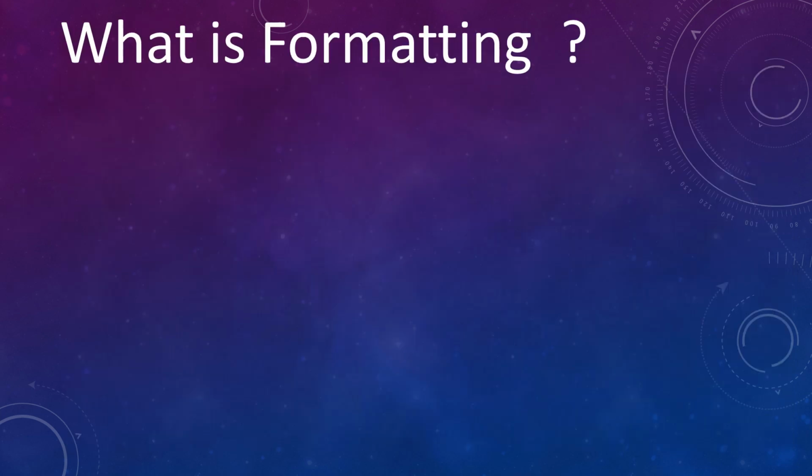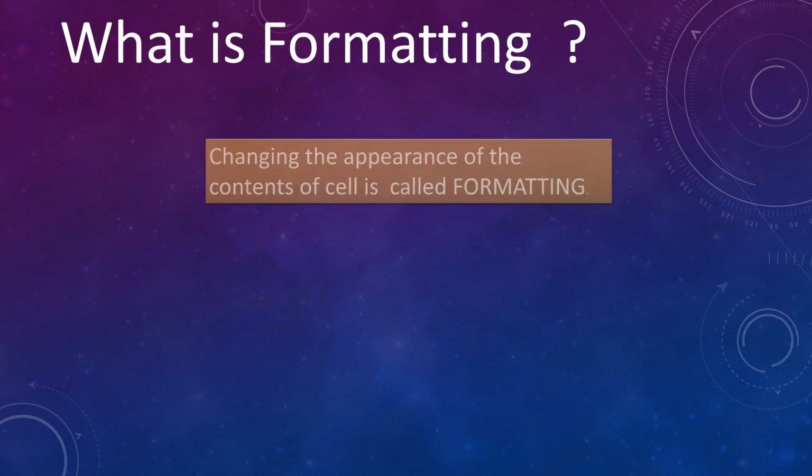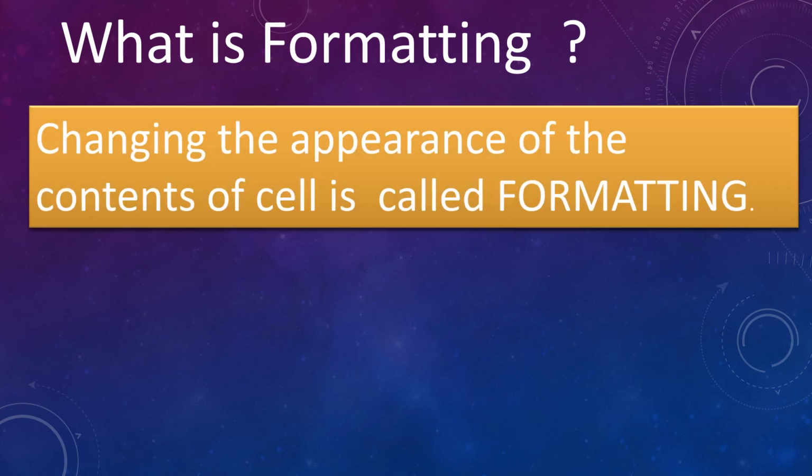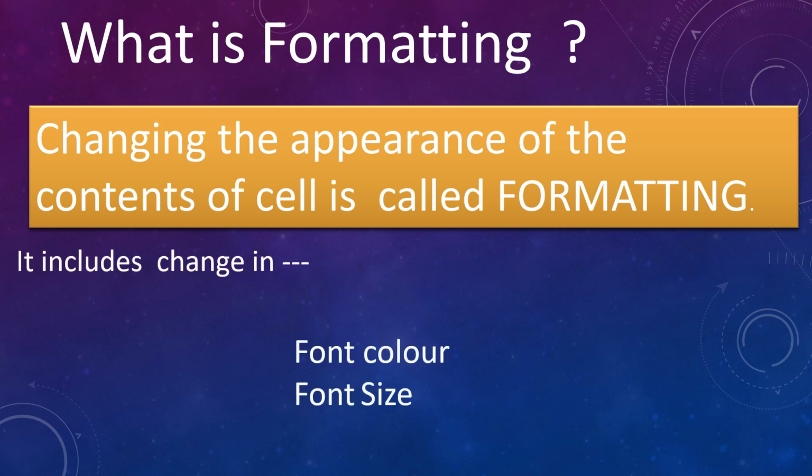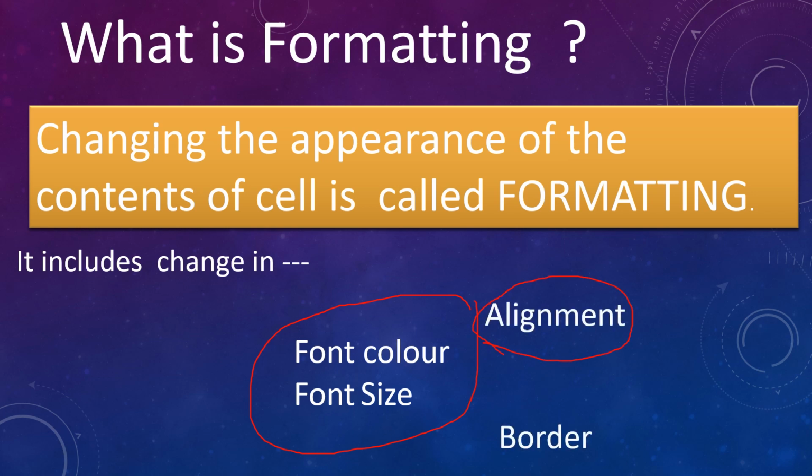Let us discuss the definition of formatting. Changing the appearance of the contents of a cell is called formatting, and it includes changes in font color, font size, alignment, border and background.